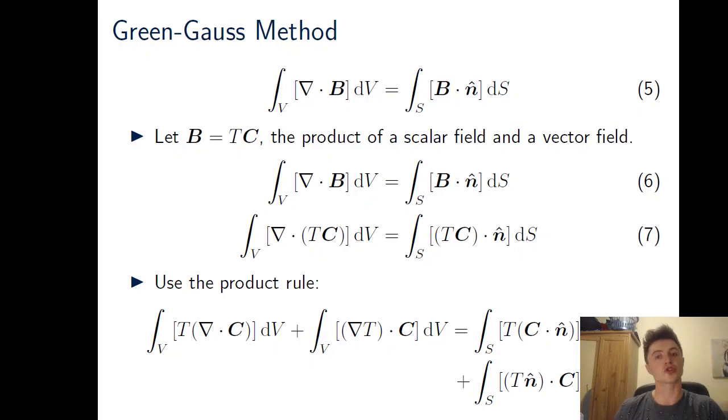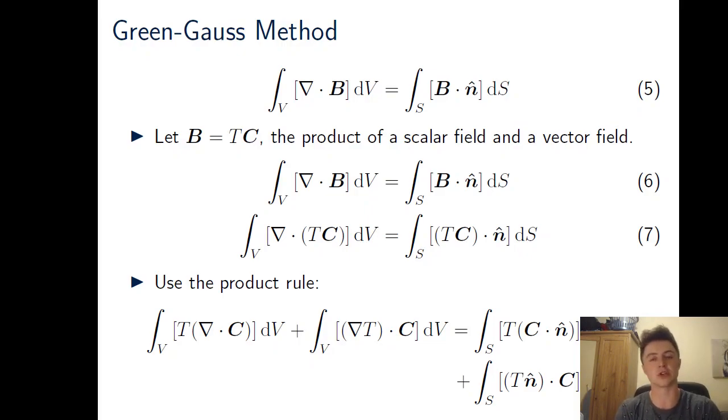And the trick to this manipulation is to take this general vector field B and write that as the product of a general scalar field T, in this case the temperature, and C, which is going to be another vector field. So you could always express a vector field as the product of some scalar field and another vector field.